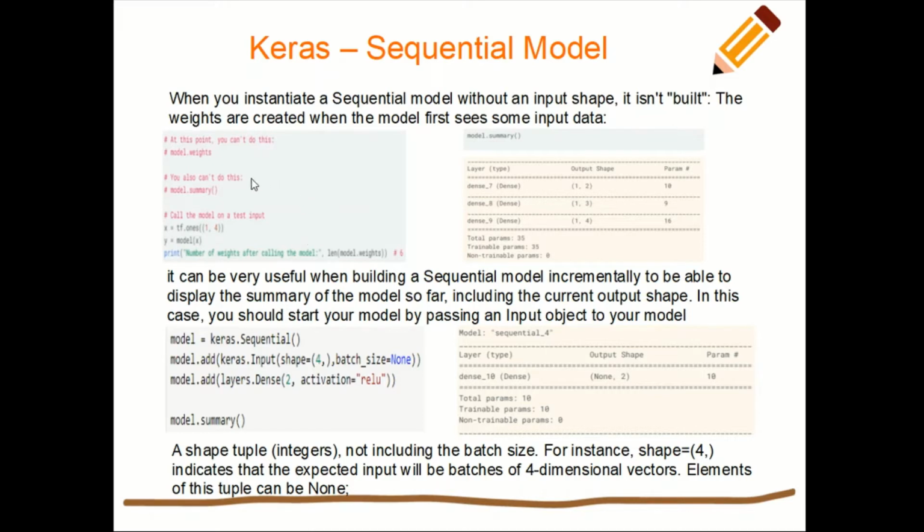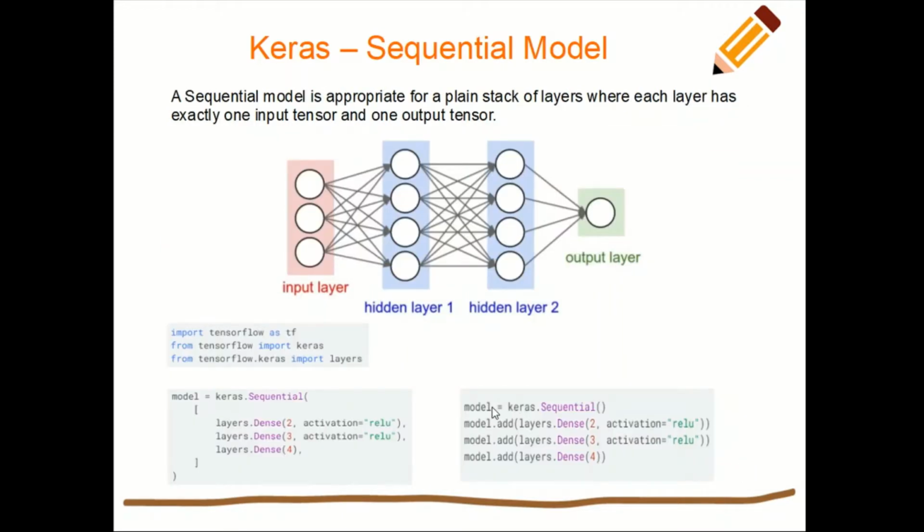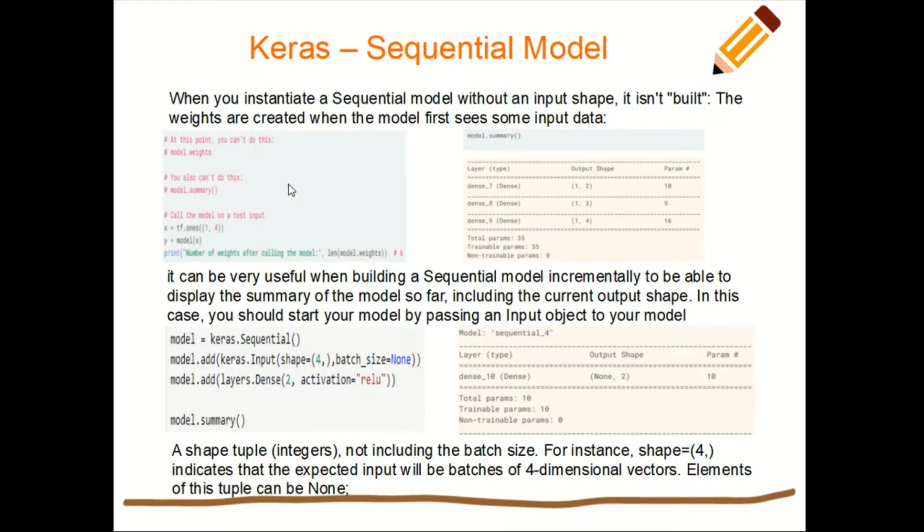Now let's say you have created a model as we saw in the last page. If we created a model and added layers to it, the model is not built during those steps.